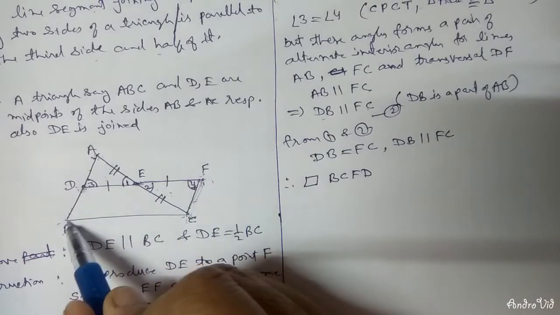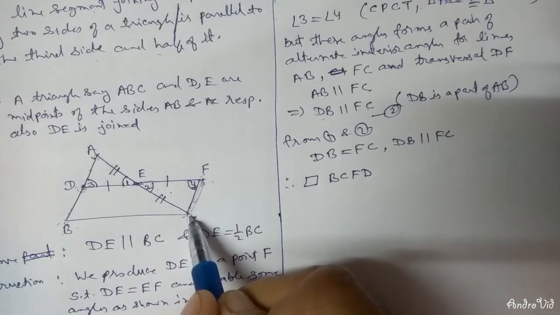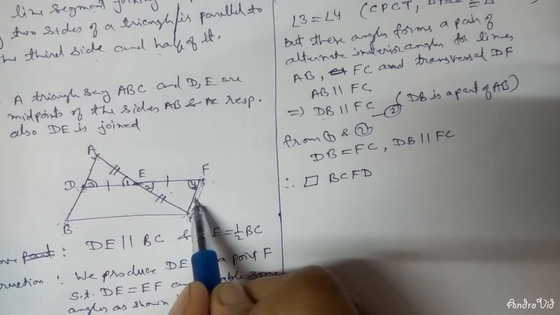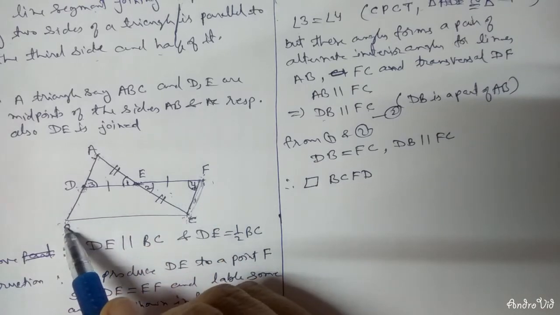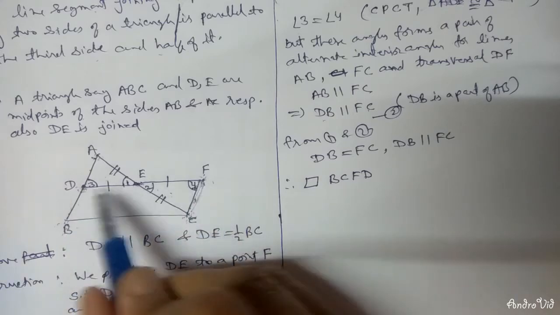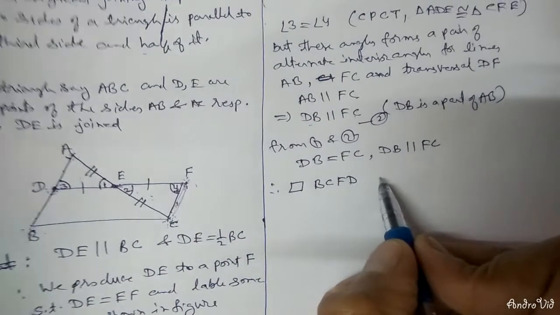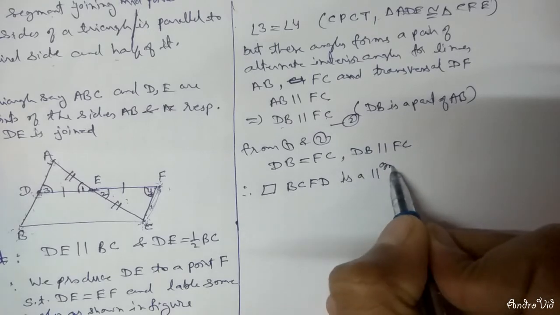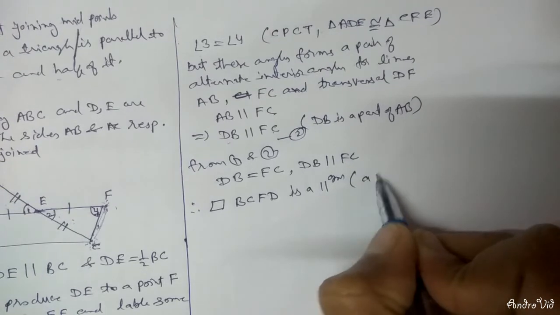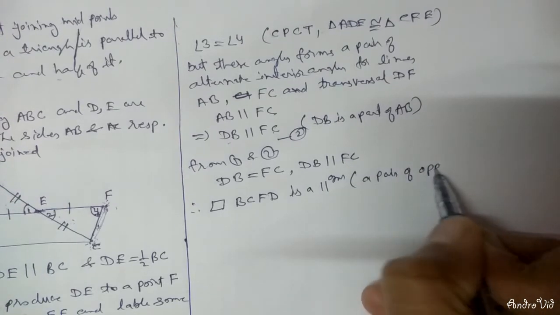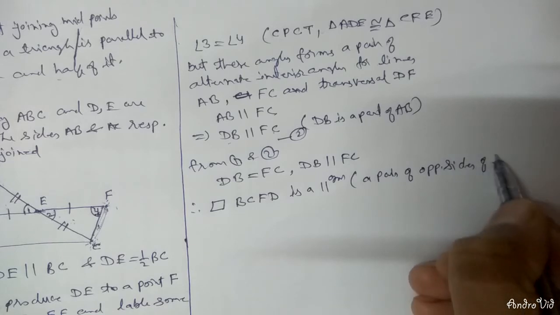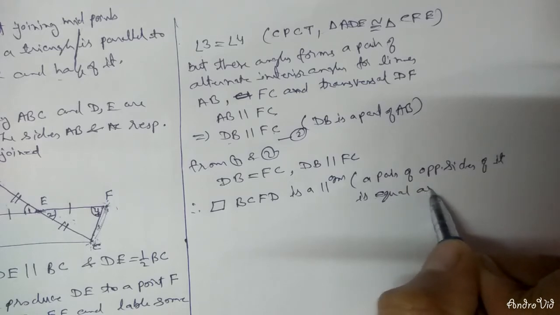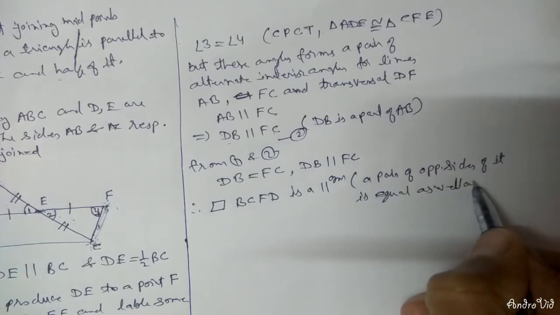In this quadrilateral, DB is parallel to FC and DB is equal to FC. So here a pair of opposite sides is parallel as well as equal. So this quadrilateral must be a parallelogram. Therefore quadrilateral BCFD is a parallelogram. Why? Because a pair of opposite sides of it is equal as well as parallel.